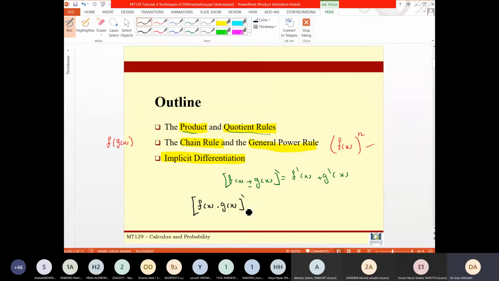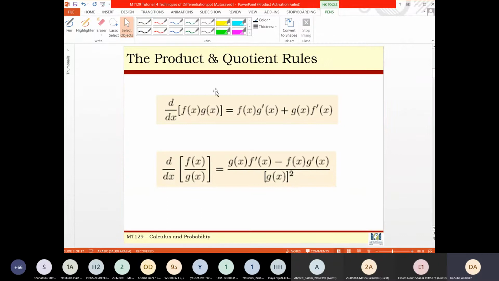I have to use what we call the product rule. The product rule states the following. The derivative of f of x multiplied with g of x is equal to f dash x times g of x, plus f of x times g dash x, as if they are taking turns. The derivative of the first times the second, plus the first times the derivative of the second.